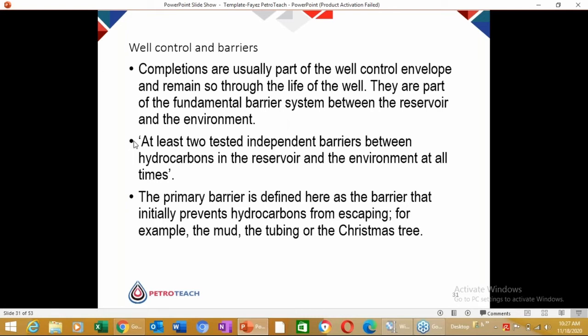And another point, very important: at least two tested independent barriers between hydrocarbon in the reservoir and the environment at all times. Two at least, not one. Okay, so this is very important to be considered while we are designing the completion string.